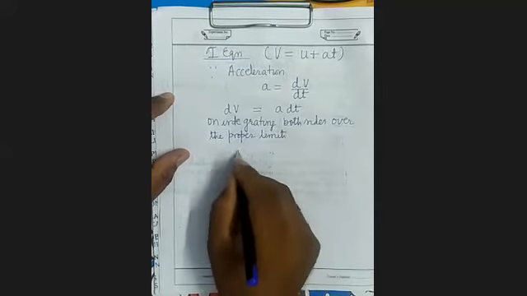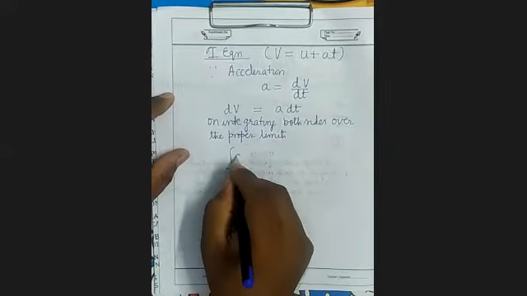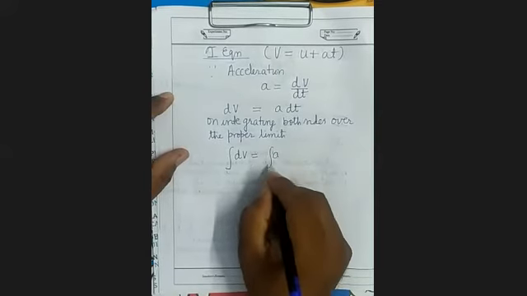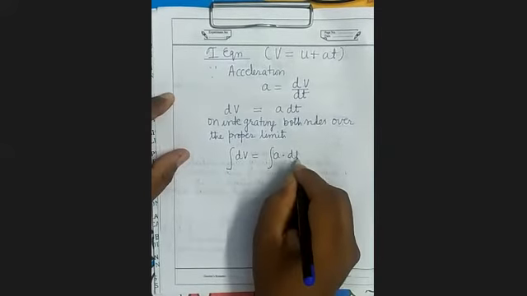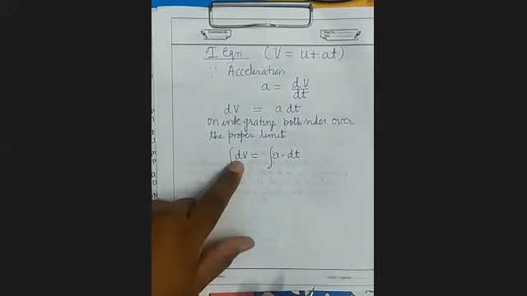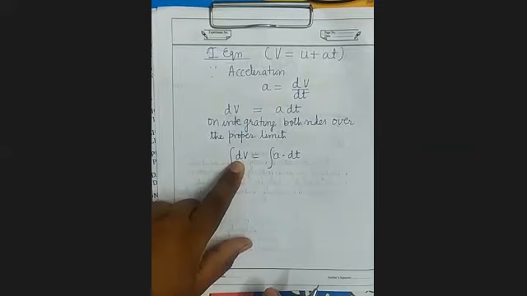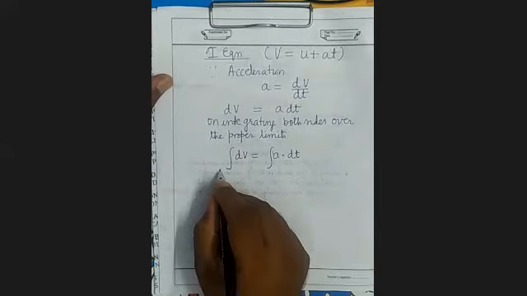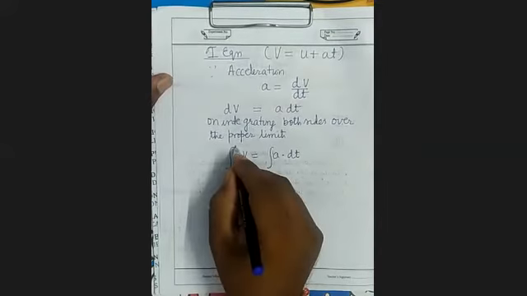see here, it will be integral dv on one side, and a integral a into dt on the other. Here it is integrated with respect to velocity. What is the upper value of velocity? v, and the lower value of velocity is u.